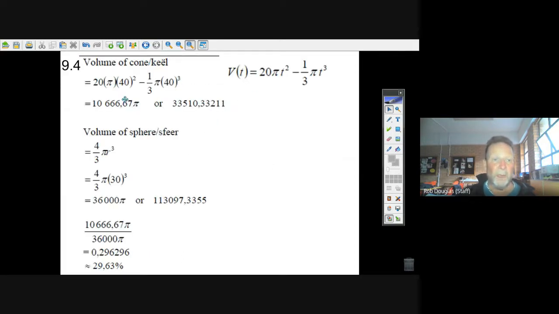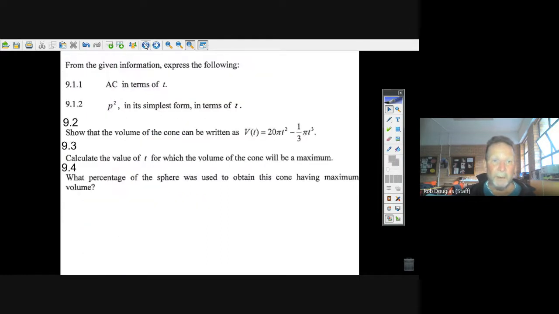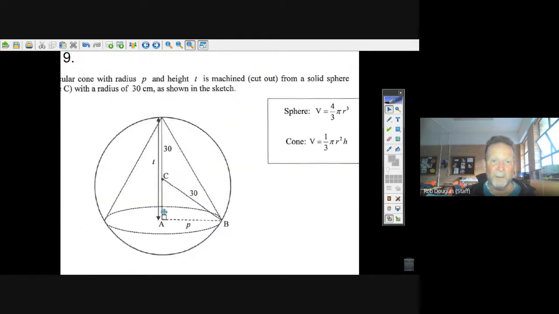Well, here it is. Here's the volume of the cone, and we put in 40 for T, because if you look back in here, that T, oh, that's the height, isn't it? That's the height. Yeah, okay.